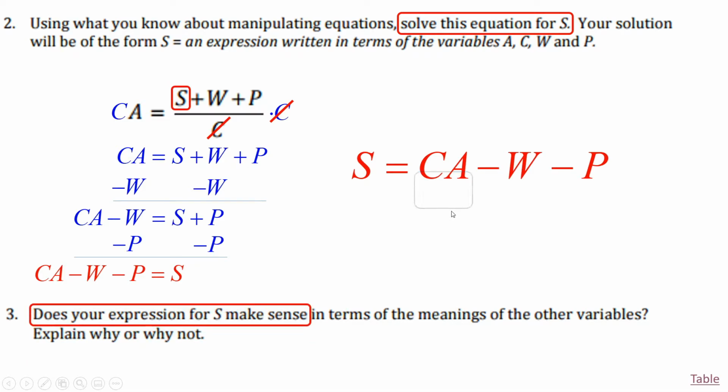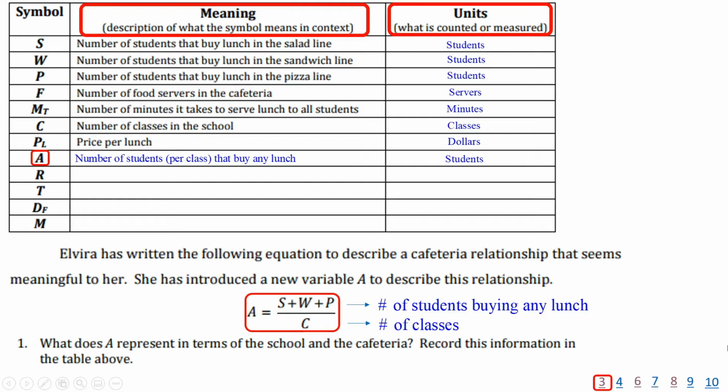What would that C times A represent? Let's go back to our table and make sure we have these meanings. C times A. Well, C is the number of classes in the school, and A is the number of students per class that buy any lunch. So wouldn't C times A simply be the number of students who buy lunch?